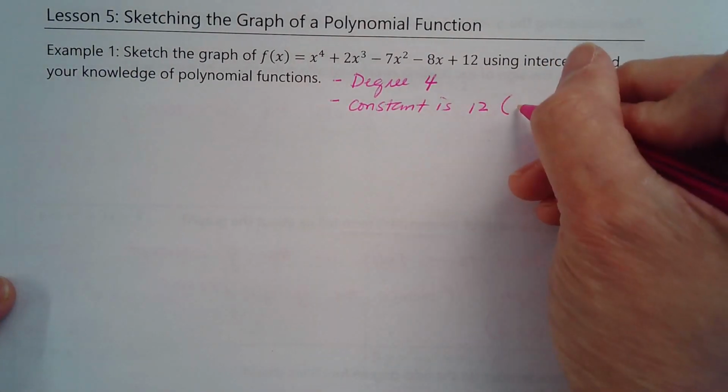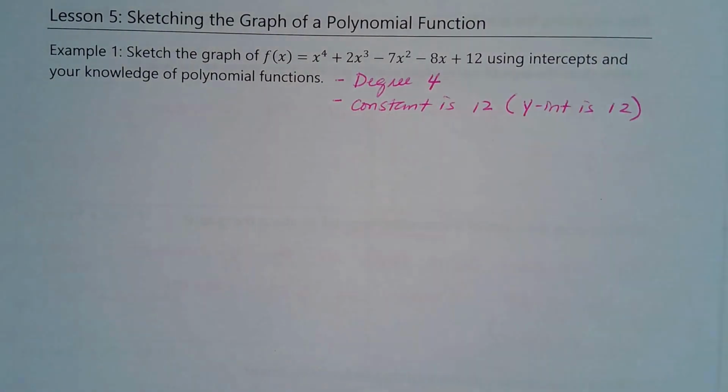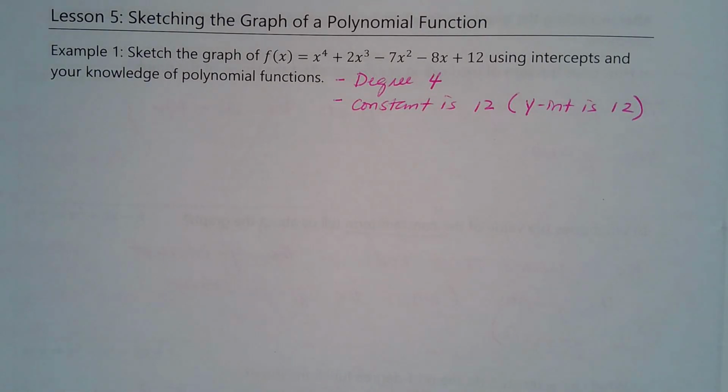That means the y-intercept is 12. Good. What else do you know before we even graph this? From quadrant 2 to quadrant 1 because of the positive, positive lead coefficient.